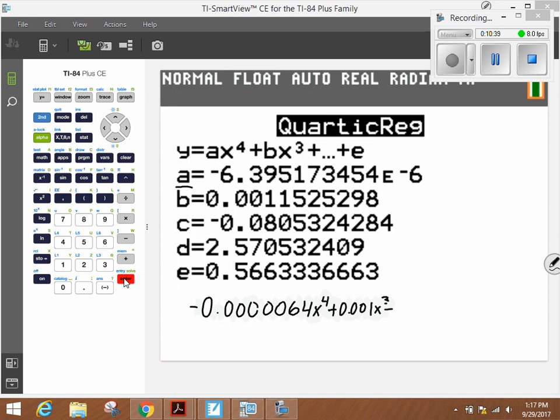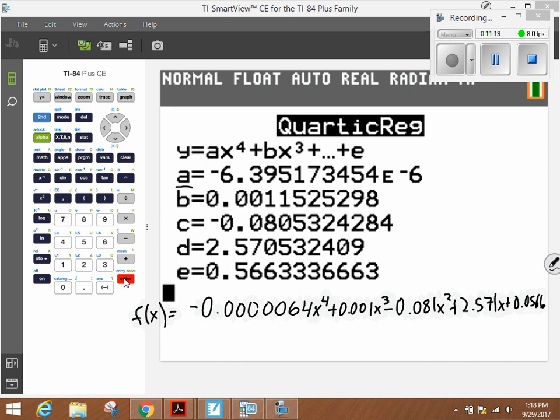So minus 0.081 x squared plus 2.571 x plus 0.0566. So that equation, we can call it f of x, is an equation that we can use to model that data.